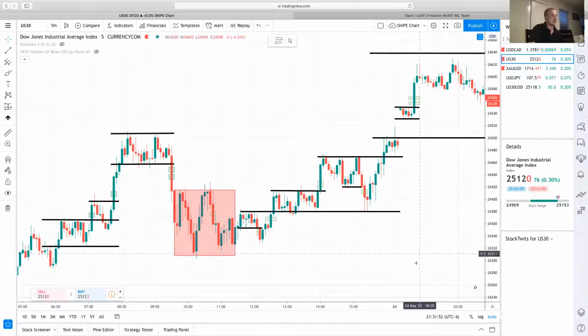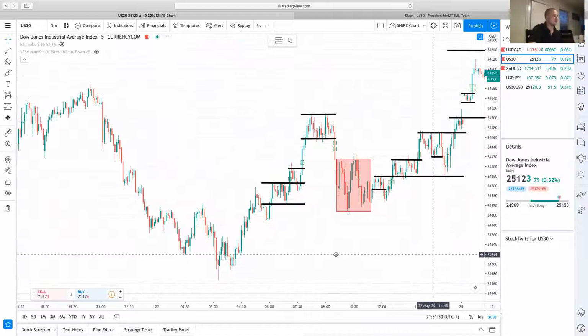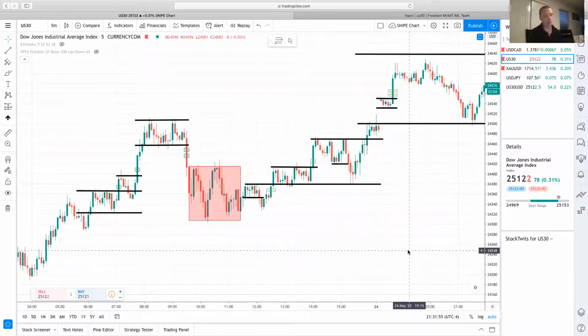But yeah, I want to catch this whole thing right here, because that's something I am getting better at. The reason that I do things the way that I do them is because of dealing with emotion and getting spooked out of trades I shouldn't get spooked out of. All those reasons keep me doing it the way I am. But I'm getting more comfortable staying in trades longer, sitting through the storm, that pullback there.